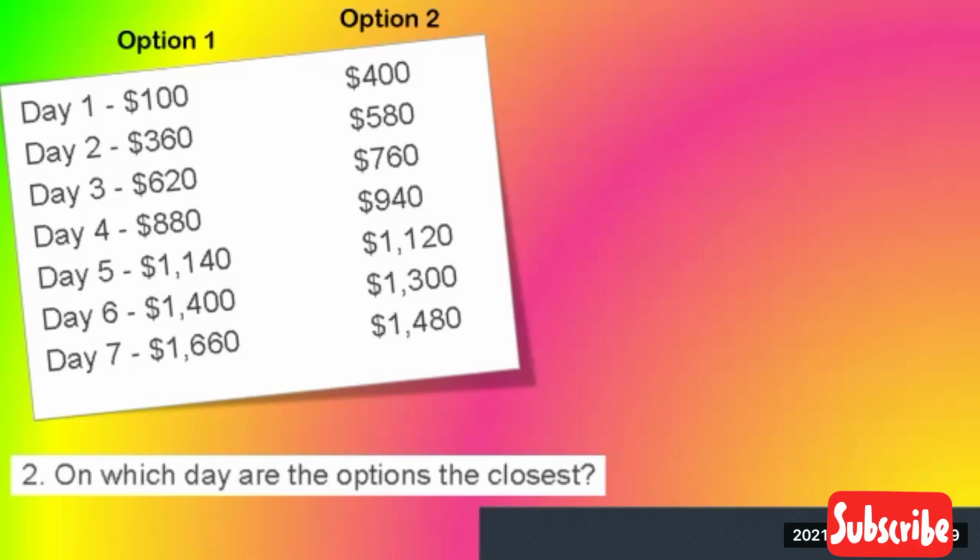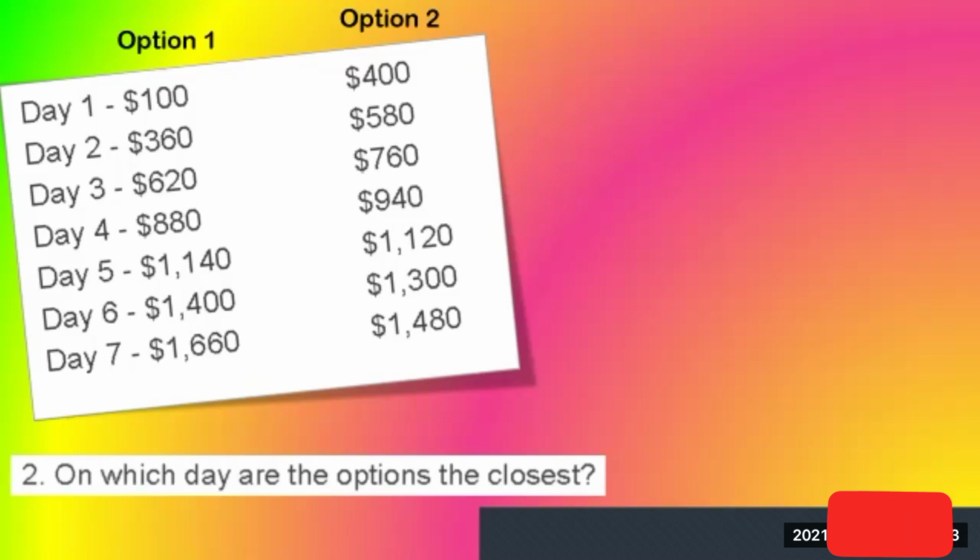And if we continue to add $180 that we would receive each day to the money that we would have on the previous day, then we will get the amount that we will have on the present day. And at the end of 7 days for option 2, we had a total of $1,480. Now the question asks, on which day are the options the closest?